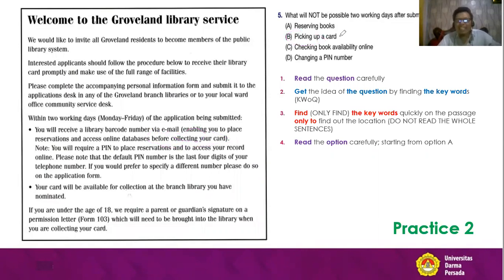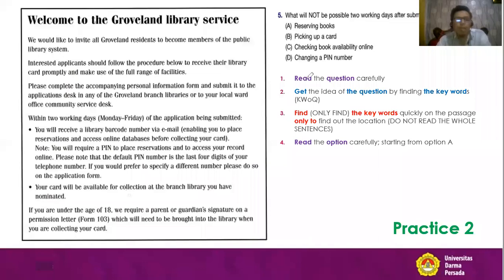And then does it match? Yeah. And then this one is, okay, 2 working days. So this doesn't match. Picking up a card doesn't match with before collecting your card. So this is probably the answer. If you are not sure, you say, oh, this is probably the answer.